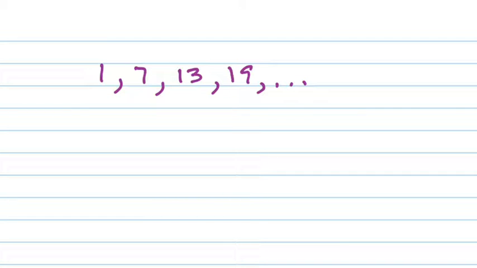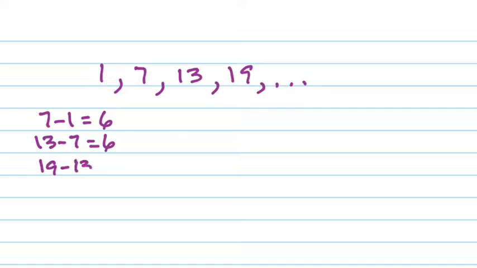First, we need to determine if it's linear. 7 minus 1 gives us 6. 13 minus 7 gives us 6. 19 minus 13 gives us 6. So we have an A, or a common difference, of 6. So we do know that it is indeed linear.